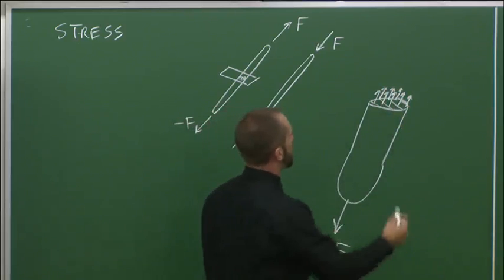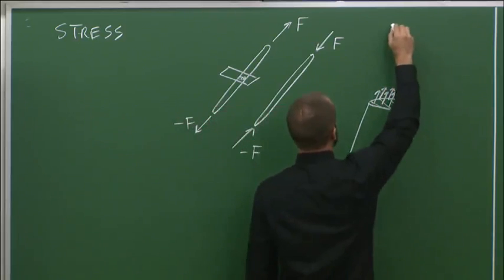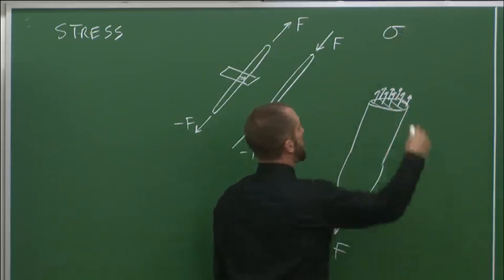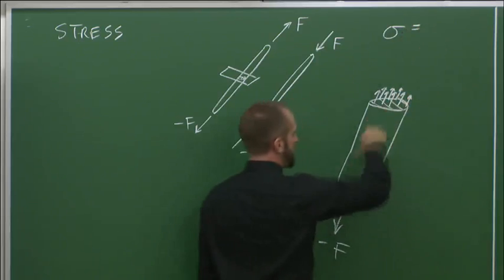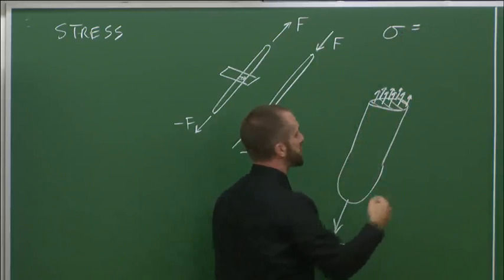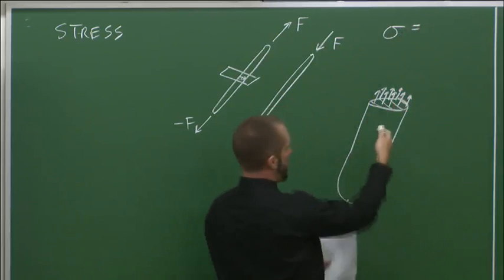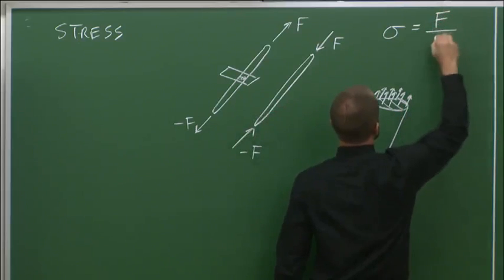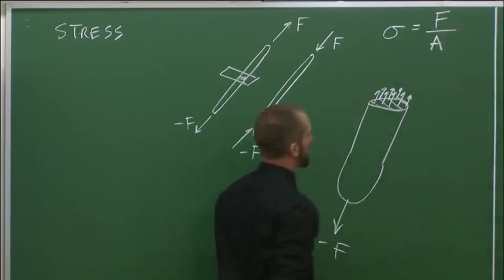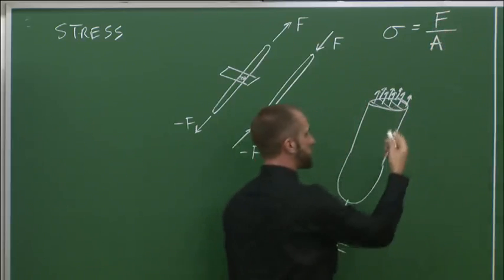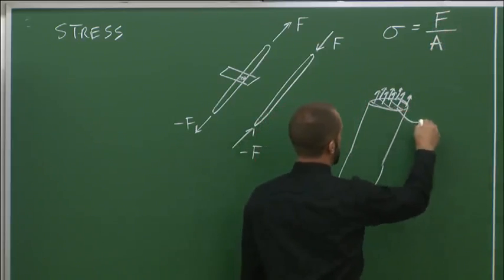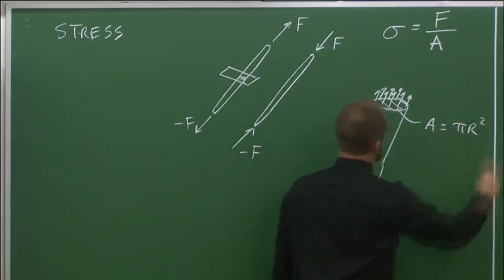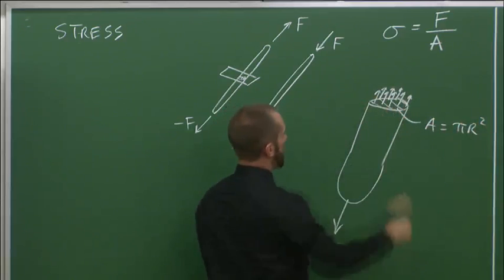The simplest way to express this is to say stress, the Greek symbol sigma, in uniaxial tension or compression, it turns out. When you have this particular loading configuration, the stress is just the ratio of force divided by the cross-sectional area. I drew it as a round member, so we know that A would be pi r squared, just the area of that projected circle.